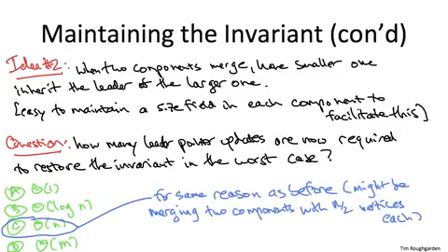It still might be the case that, say, in the final iteration of Kruskal, you're merging two components that both have size n over 2. So it doesn't matter. No matter which leader you choose, you're going to be stuck updating the leader pointers of n over 2, or theta of n, vertices. So, while this is clearly a smart practical optimization, it doesn't seem to be buying us anything in our asymptotic analysis of the running time.